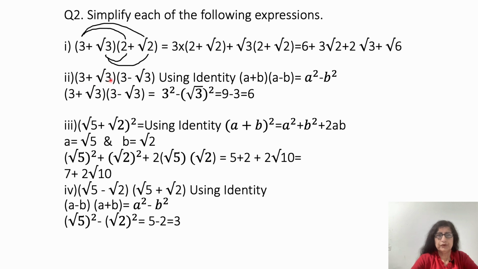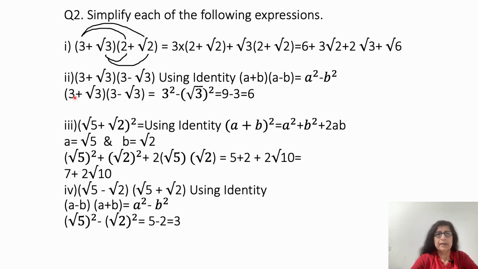3 plus under root 3 multiplied by 3 minus under root 3. Using identity a plus b into a minus b is equal to a square minus b square. We have done these identities in class 8th.